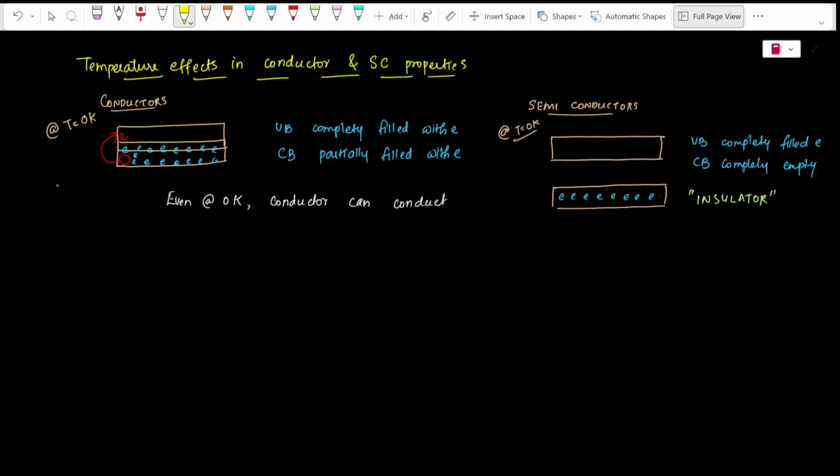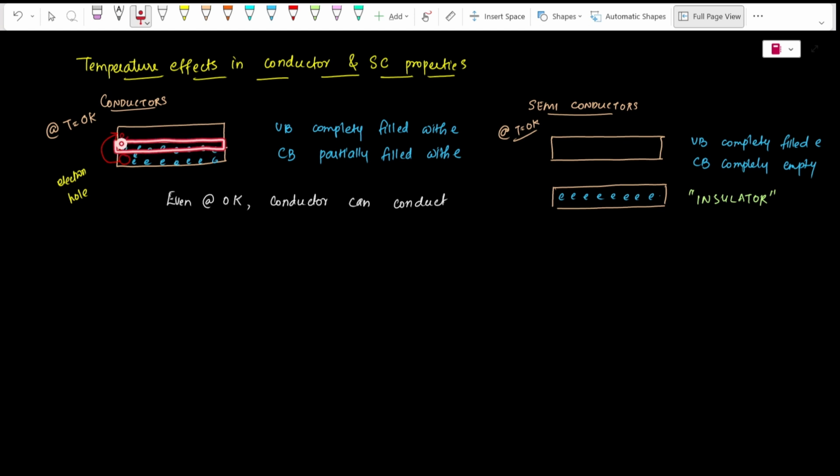So you have electrons and a vacancy of an electron, which is called the hole, right? But this hole is not very significant in the case of conductors. Why? Because even at 0 Kelvin, there were so many electrons which could result in current. Even if I increase temperature, these electrons jump, but that is not going to change the concentration here.